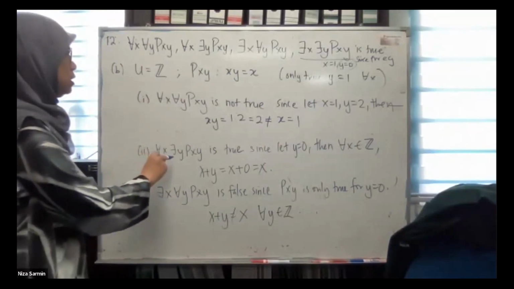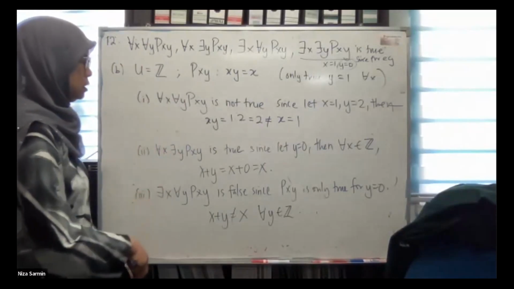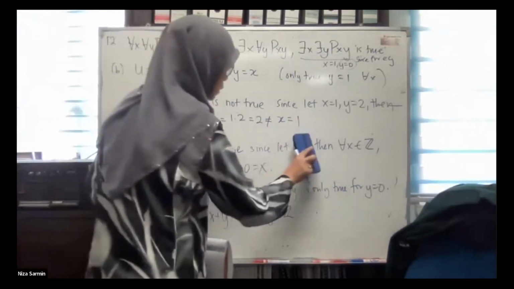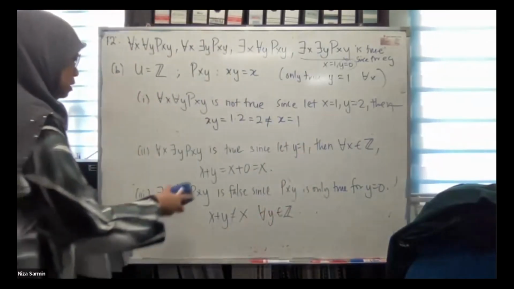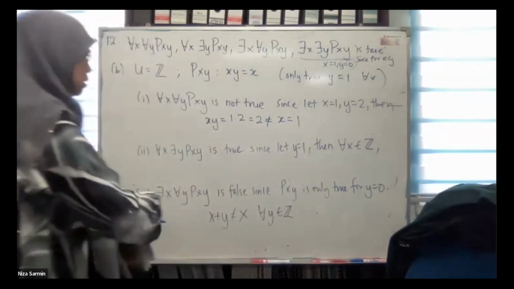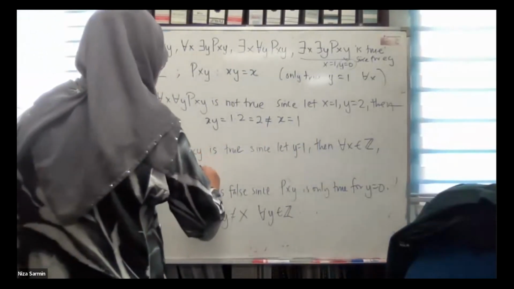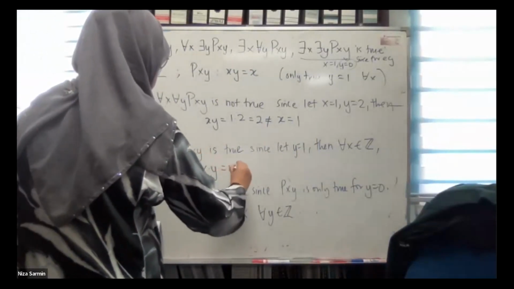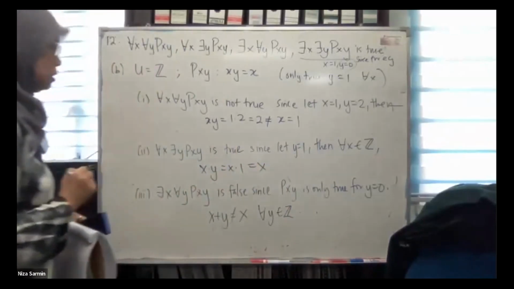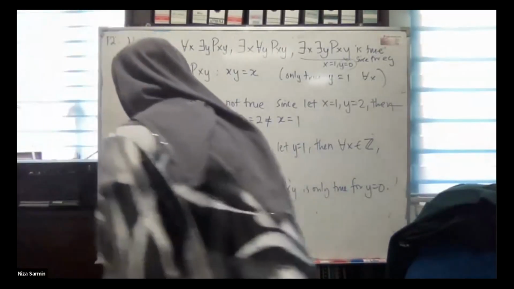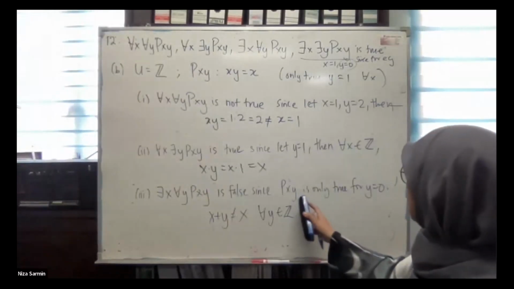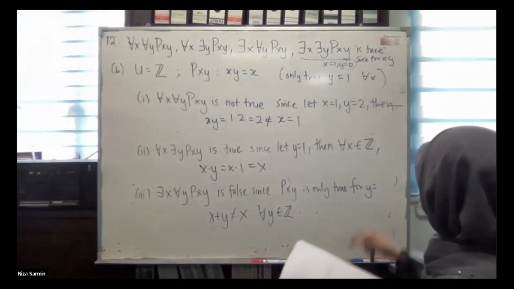And for all x, there is a y is true since we let y is 1. Then x times y is x times 1 equal x. Okay. And this is also false since this is only true for y is 1.